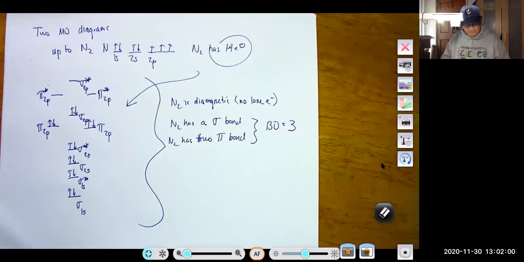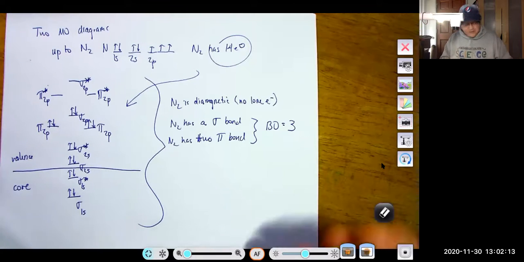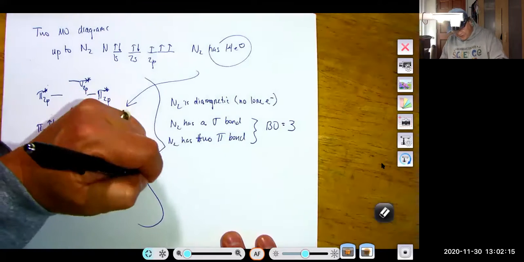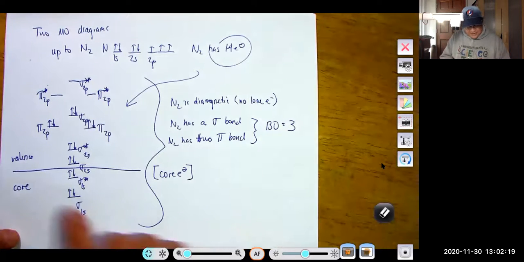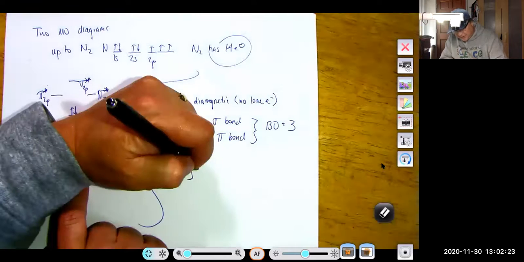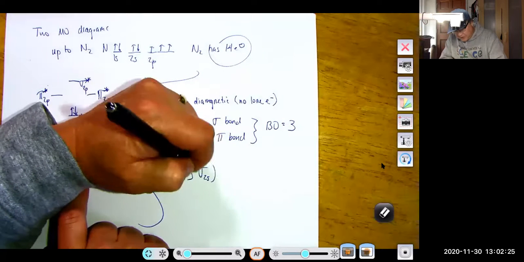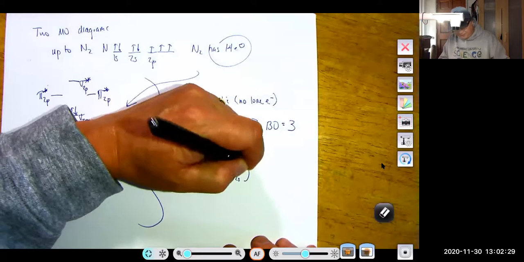Okay, cool. And we also can write the electron configuration. These here are considered core electrons, and these are the valence. Here's how you write the electron configuration. We're not going to write the core ones out, but we write them after that. So here we've got (sigma 2s)2 (sigma star 2s)2.